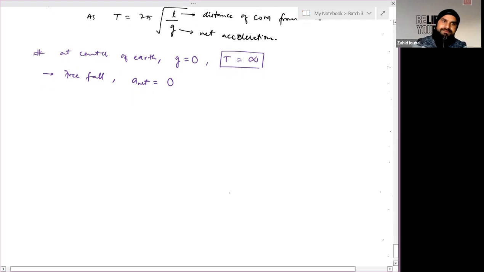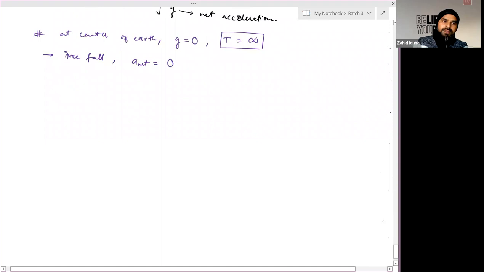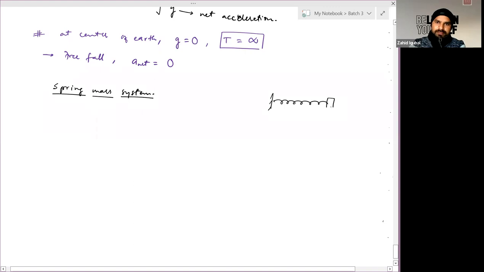Next is spring mass system. Suppose you have a spring and a block attached to it.